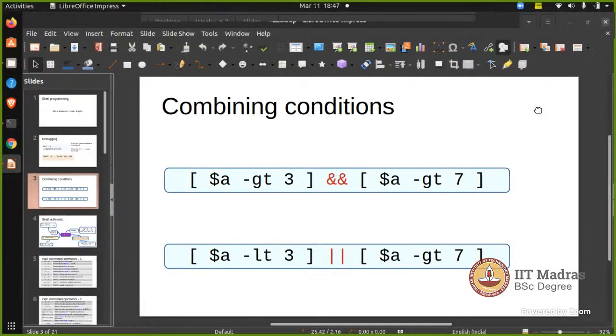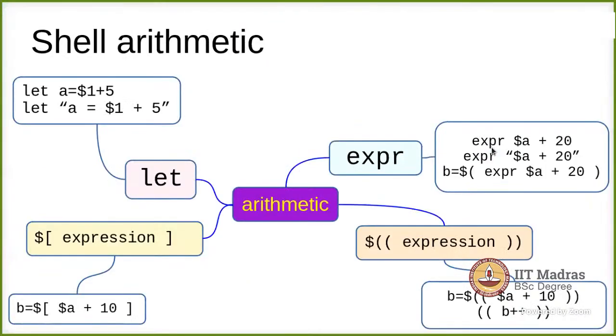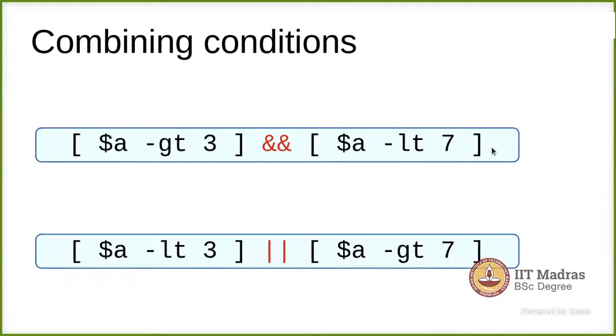Let's change this example for this discussion. Okay. So can anybody tell me what the first condition means? It's checking if a variable is greater than 3 and less than 7.